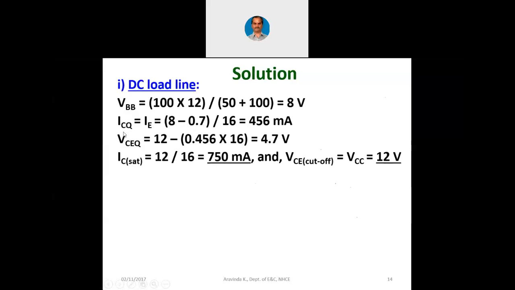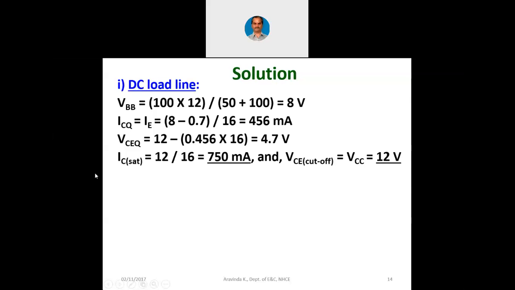So, when we find out the quiescent current, the quiescent voltage between collector and emitter is 12 volts minus IC into RE or IE into RE, VCC minus IE RE. We get around 4.7 volts. IC sat is 12 volts divided by 16 ohms, the emitter resistor, so we get 750 milliampere. And VCE cutoff is, as we already know, equal to VCC, 12 volts. So we got the DC load line, we got the quiescent point also.